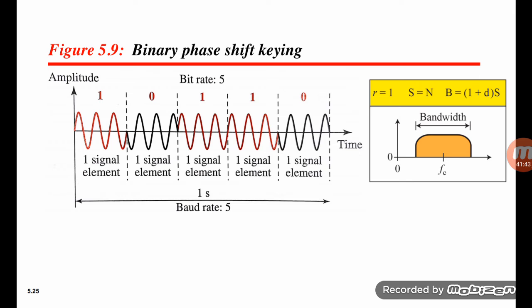So here it is 0. What I'm doing, I'm using two phases because I have only 0 and 1. So one phase I choose this, and the other phase I choose this one. It's not that you choose one over here and one over here. We will see what's the reason.